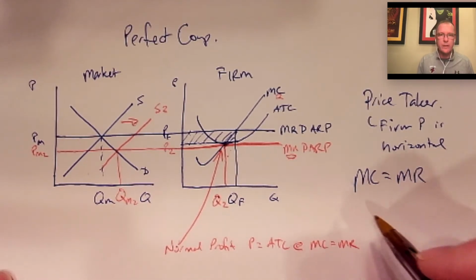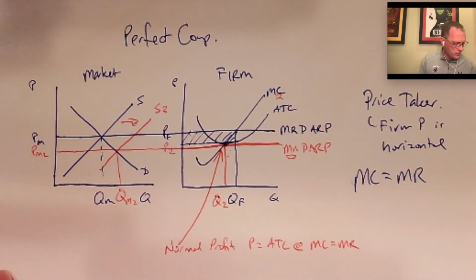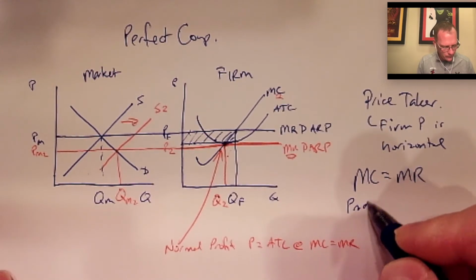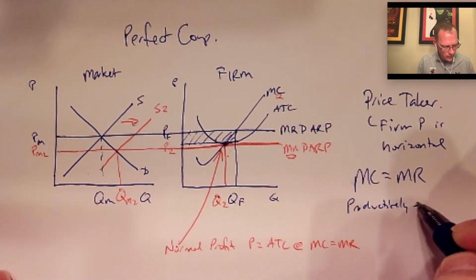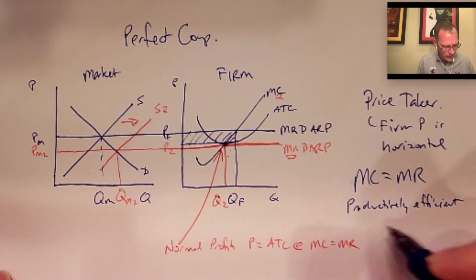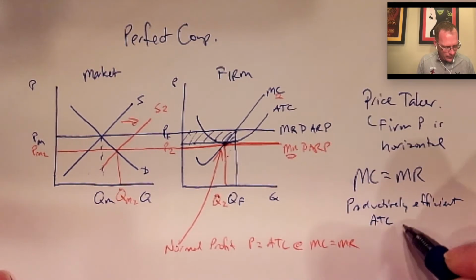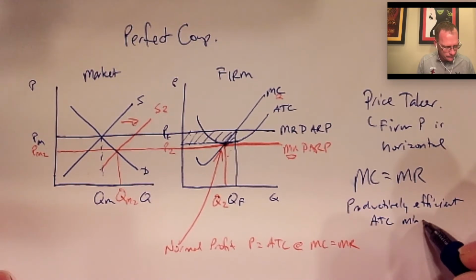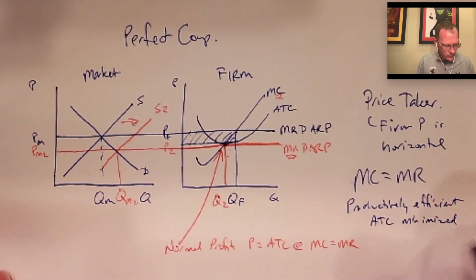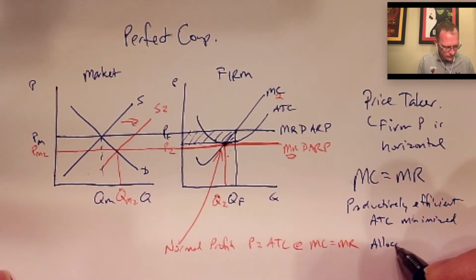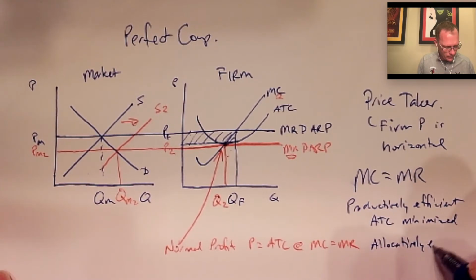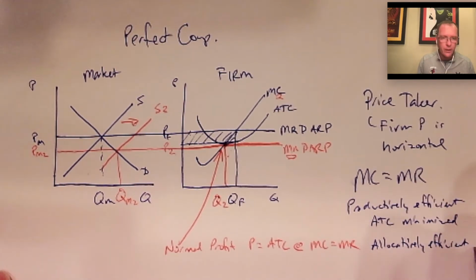So they always ask efficiency questions. So in this case, we are productively efficient because I am at the bottom of my ATC, and it is also going to be allocatively efficient. Now you can define that in a couple different ways.